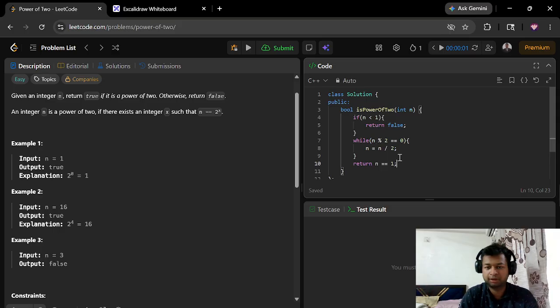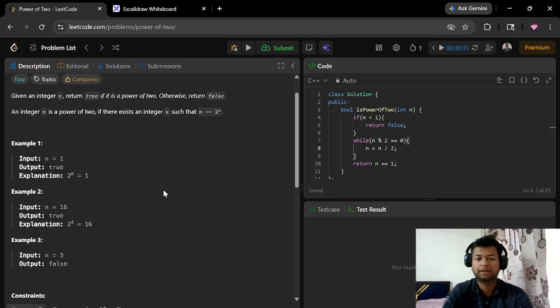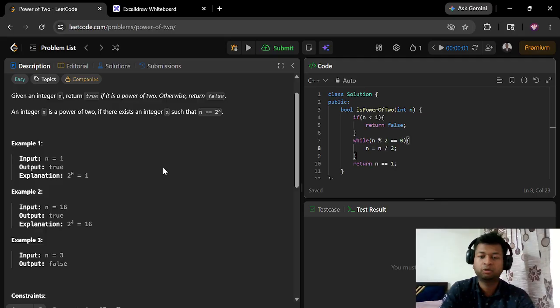Why did this solution come to my mind? Because we know that if any number is a power of 2, then after dividing it by 2 continuously, at last it will be 1, not 0 or any other number. So this solution came to my mind.